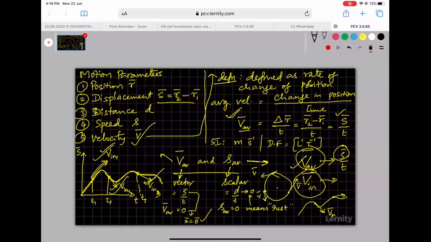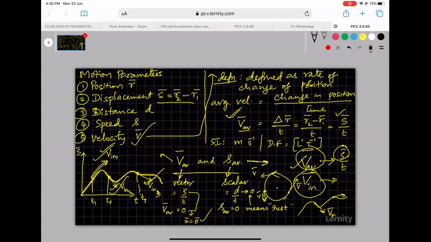The velocity's direction keeps changing. So if a particle is moving on a circle even with a constant speed, its velocity is certainly changing, because the magnitude of velocity, the speed, is not changing, but the direction of velocity is changing.